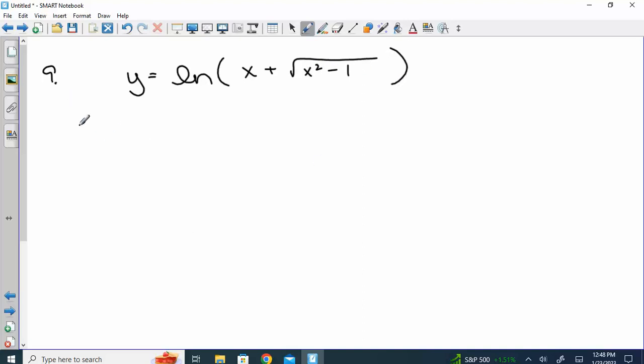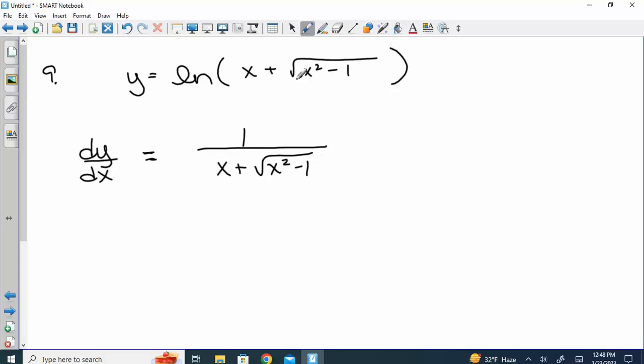We know that in general, derivative of y is dy/dx or y prime. So let's say if I just wrote dy/dx for a moment. Then this is just doing a derivative like we did before Christmas, derivative of the log. So a derivative of a log is 1 over the argument. But since the inside isn't just a plain x, we have to do a chain rule. So times derivative of the inside. So derivative of x is 1 plus a square root is like a 1/2 power, so the 1/2 comes down. Inside stays the same.